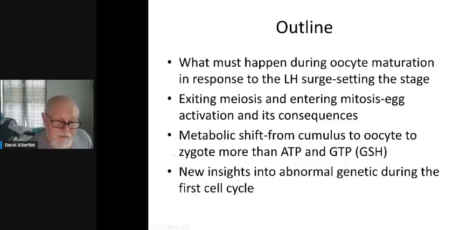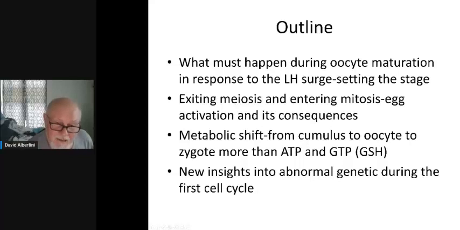And this contributes to the zygote energetic trinucleoside phosphates, okay, in the form of ATP and GTP, which we generally overlook. But importantly, the provision of reduced glutathione, or GSH, which will support development of the male pronucleus.